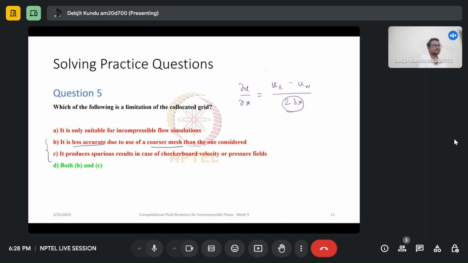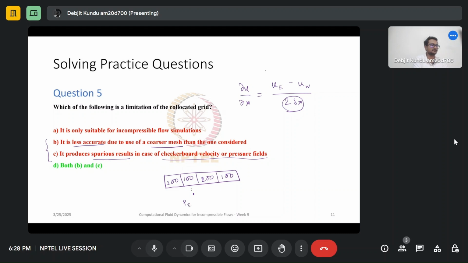And it also produces spurious results in case of checkerboard velocity or pressure fields, because we saw that pressure and velocity fields become decoupled when using collocated grids. So let's say if I have a pressure field like this, which is 200, 100, 200, then again 100. If I'm trying to find the pressure gradient here at this point, I will end up doing something like this.